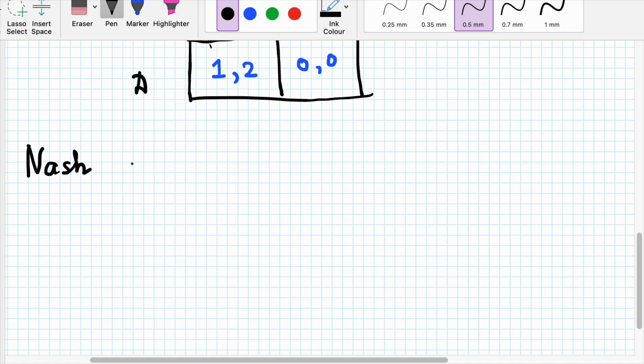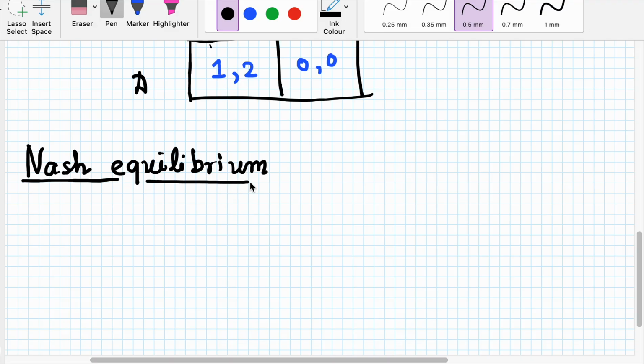If anyone has heard about game theory, it is very obvious to know or hear about the concept of Nash equilibrium.